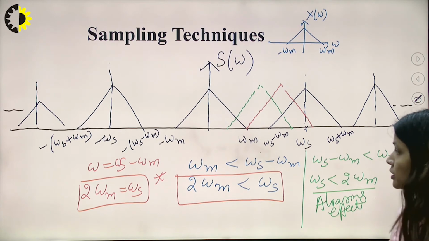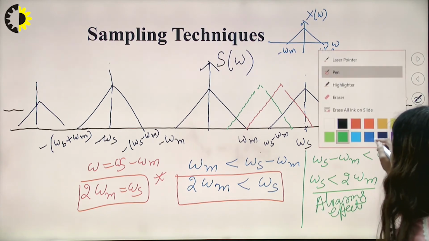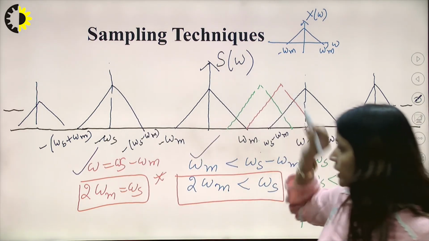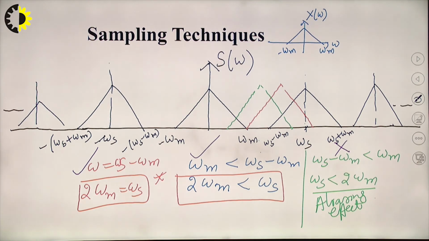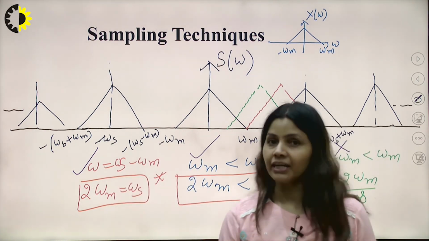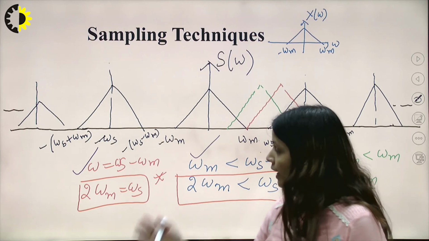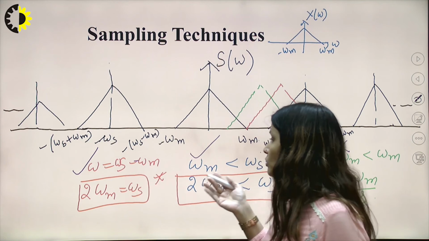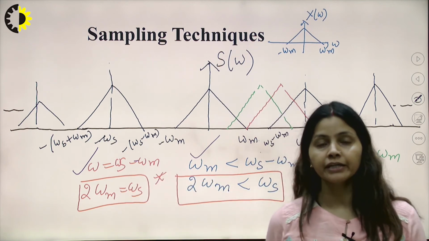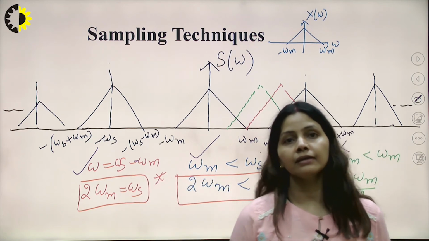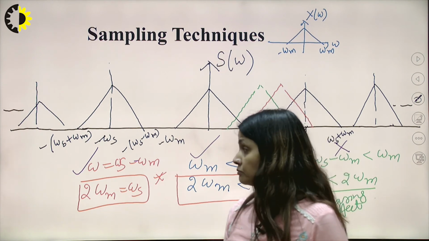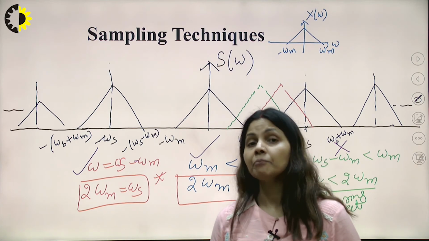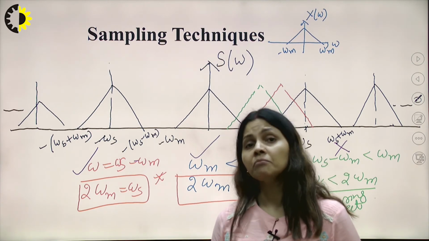So here the conclusion is this is correct, but this is not correct, and this was verified and expressed by the Nyquist criteria that this particular condition must be satisfied if we are taking the samples after performing the sampling by any method.